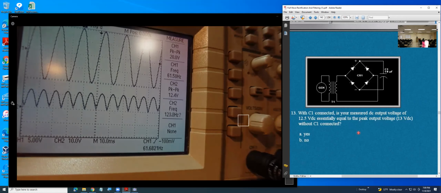So when I connect the C1, okay? So the difference between 12.5 and 13 is 0.7, right.